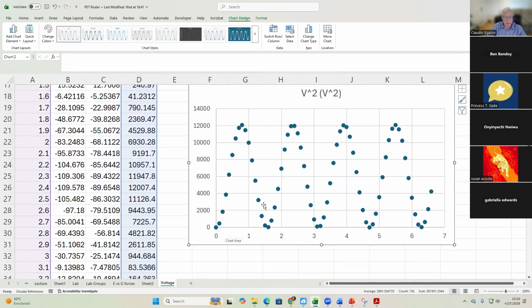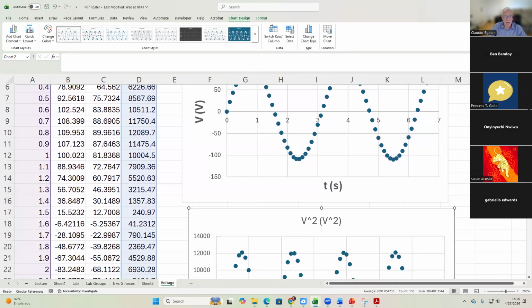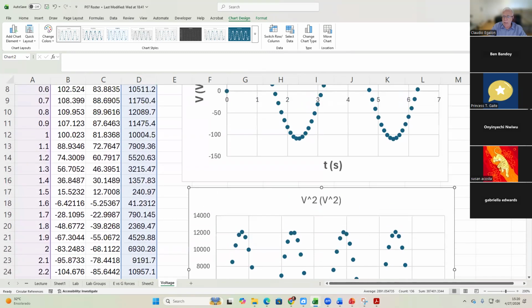Right? It's going to be positive everywhere. It's still like a sine wave, right? But it's shifted upwards. And also the frequency increased. The period decreased by half, right? See?